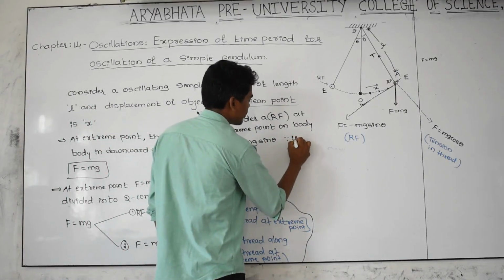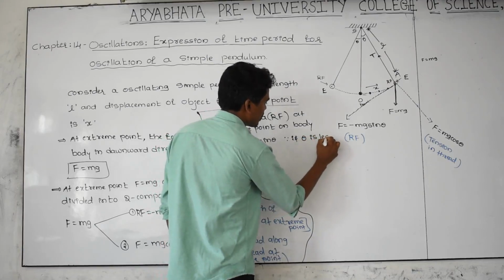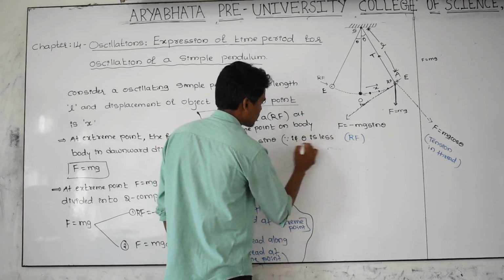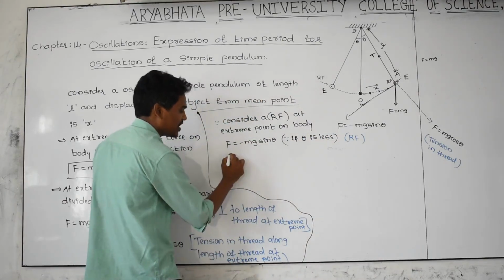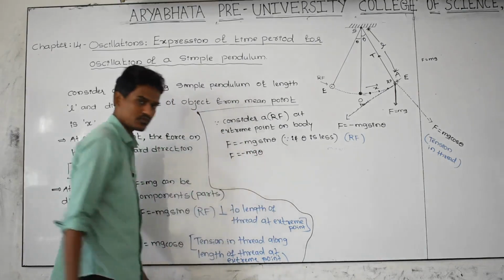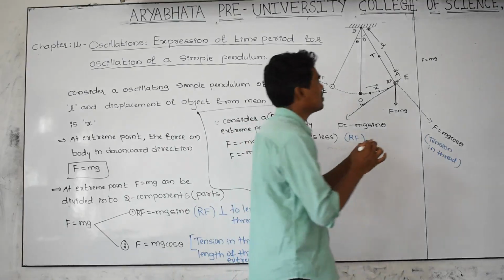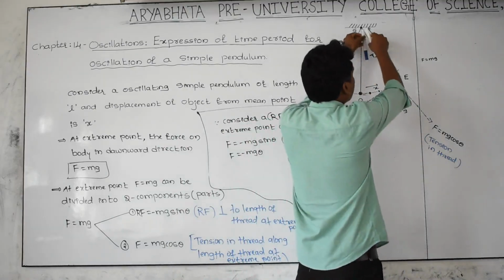If theta is very small, then sin theta can be written as just theta, so minus m into g into theta. If theta is a very small value, it is just an approximation.